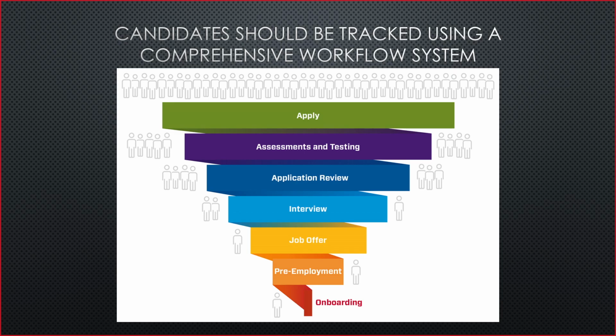So this kind of shows that process for you. Candidates apply, you reach out and contact them. Naturally, there's interviews. You collaborate inside your team, make notes, and for candidates that you want, you're going to make an offer. And then once they've accepted an offer, there's pre-employment stages, and then that transitions to onboarding.